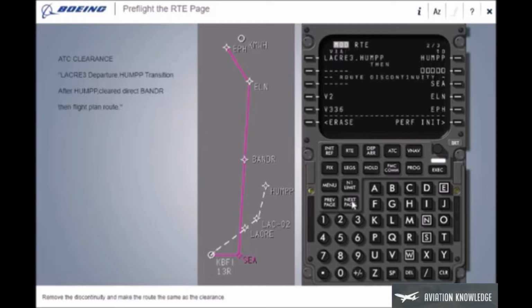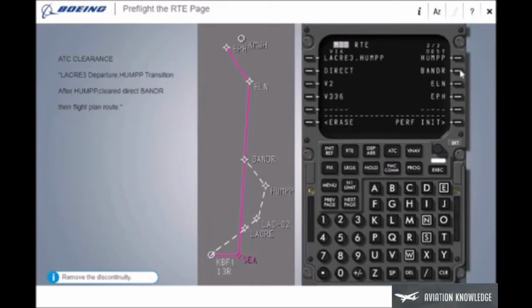Remove the discontinuity and make the route the same as the clearance. Execute the modification.